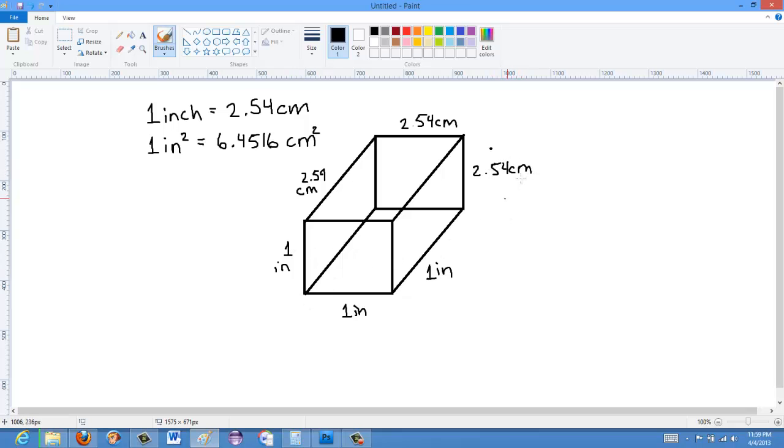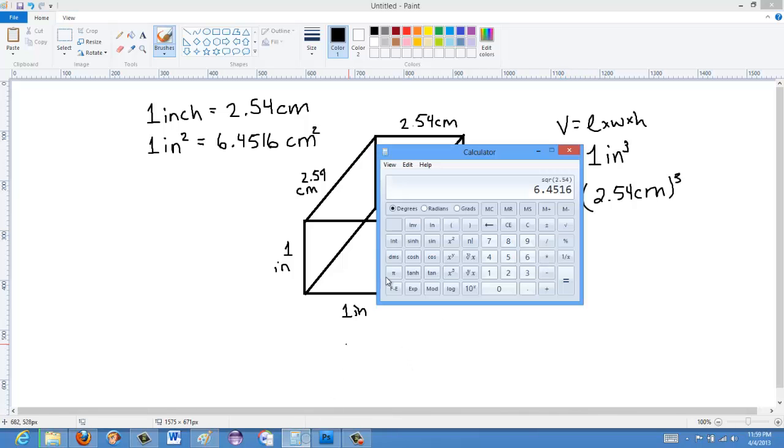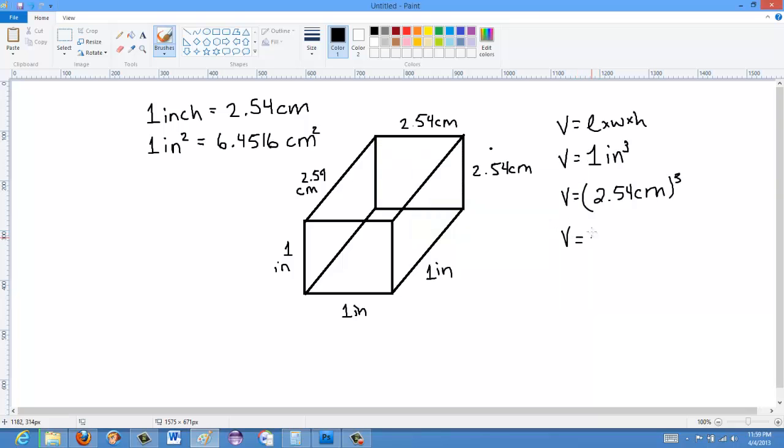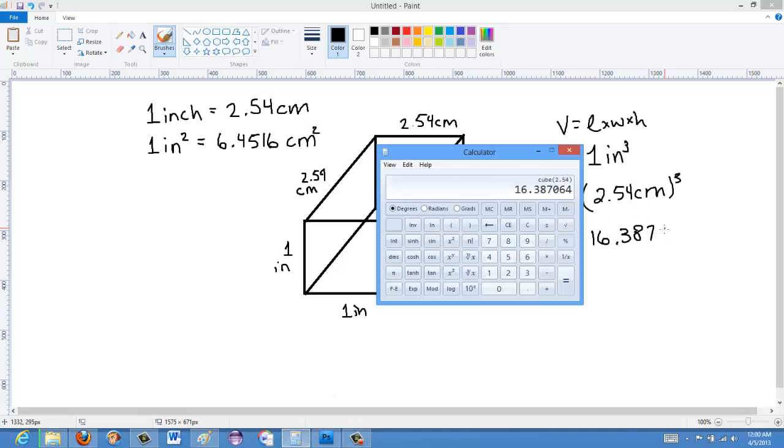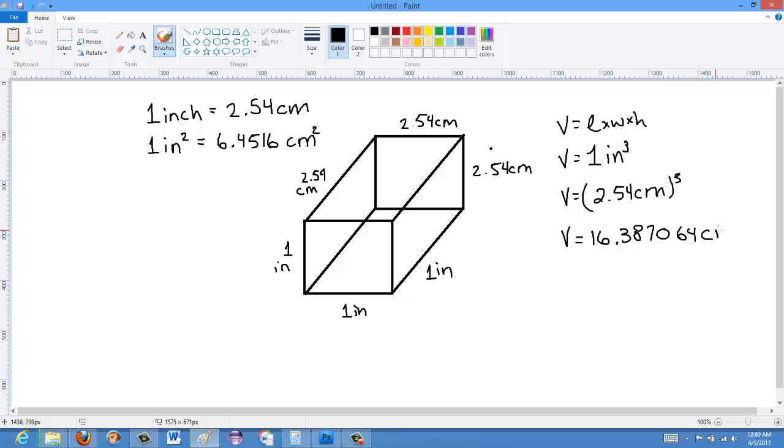If I was to find the volume of this, volume being length times width times height, the volume would be equal to 1 inch times 1 inch times 1 inch, which is 1 inch cubed. The metric volume though would be 2.54 centimeters cubed, which is 16.387064 cubic centimeters.